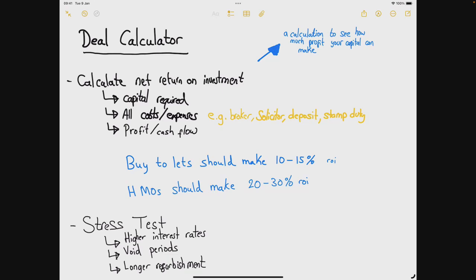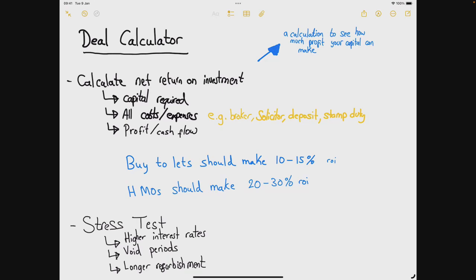Now, in order to calculate this, you need to see how much capital is required for this investment property. So this means calculating all the costs and all the expenses. So mortgage broker fees, solicitor fees, your deposit, stamp duty, refurbishment, every single cost, everything that comes out of your pocket needs to be factored into this decision. And then once you have your costs and your expenses, then you need to calculate your profits, so your cash flow.